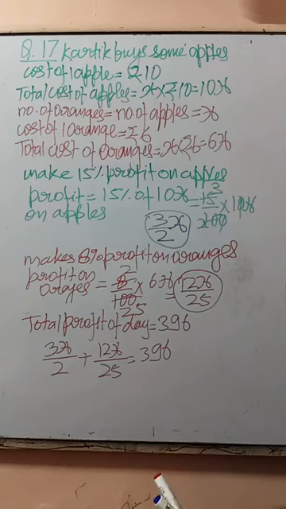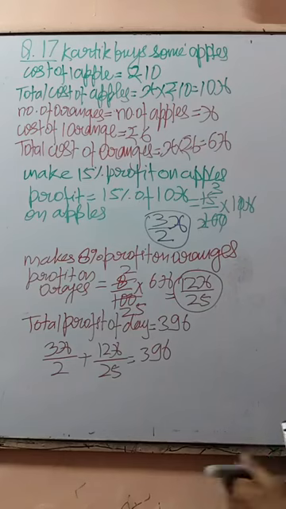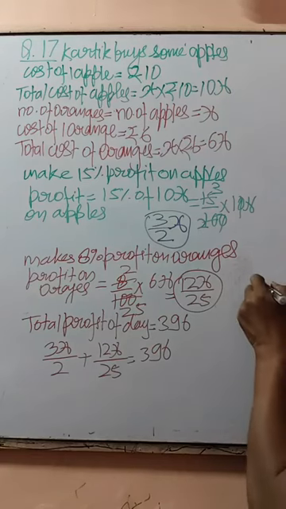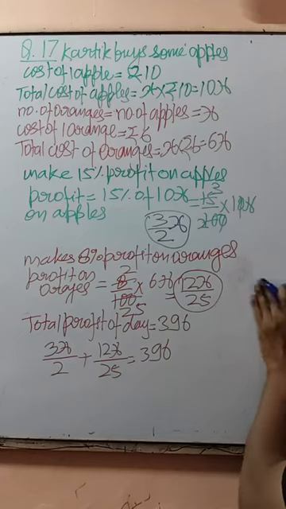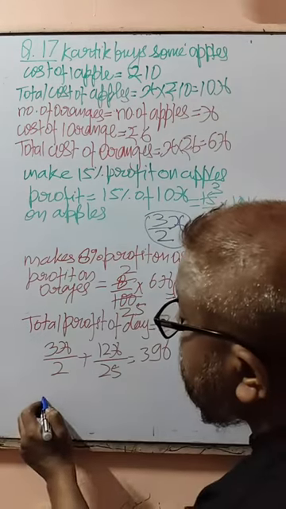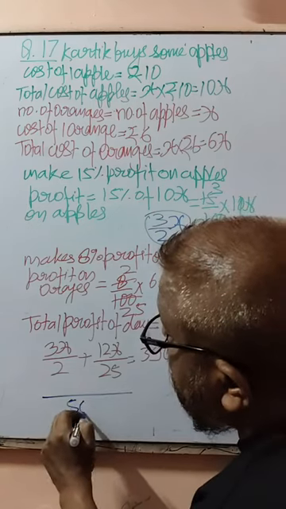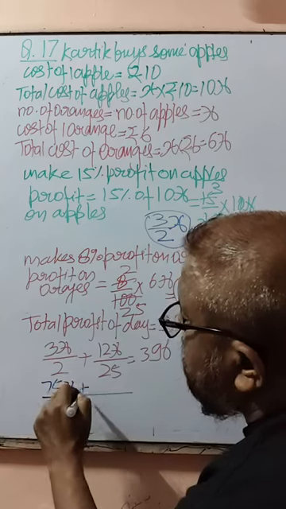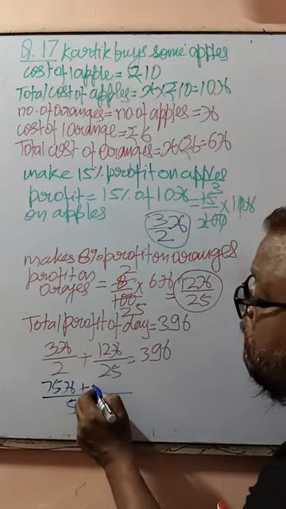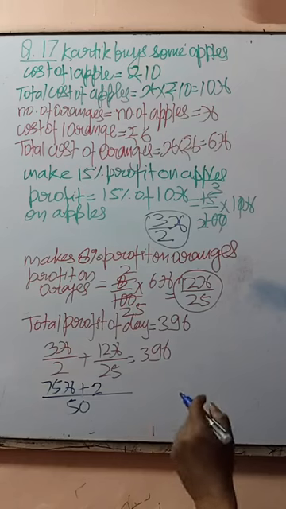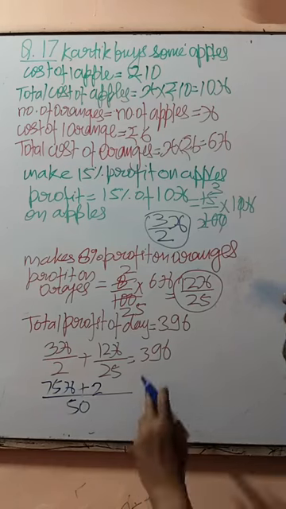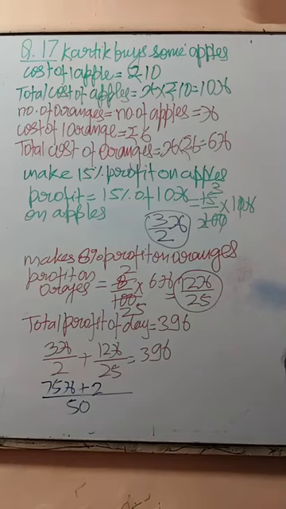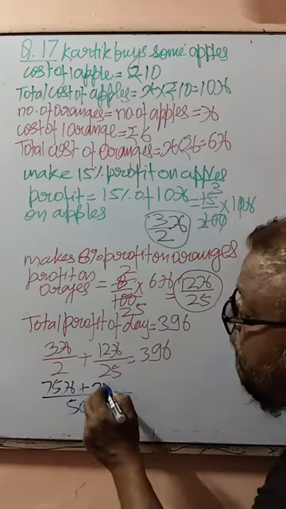Yes, sir. So how much will you get? 50 here, 25, it's 75x plus 2 times 12 becomes 24x. 2 times 25 becomes 50.